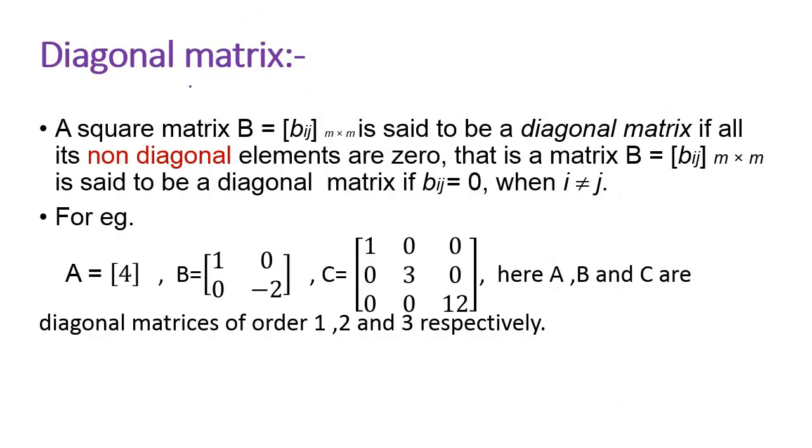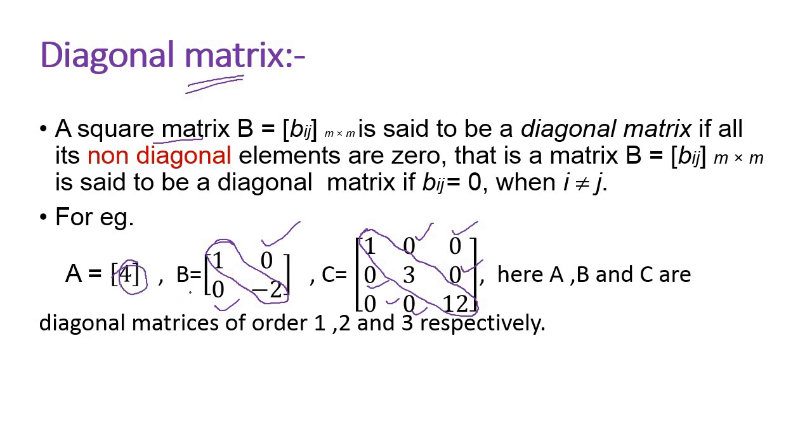Diagonal matrix. The diagonal matrix is also a square matrix, but the condition is that the diagonal elements should be non-zero, and the non-diagonal elements should be 0. Except for the diagonal elements, all elements should be 0.